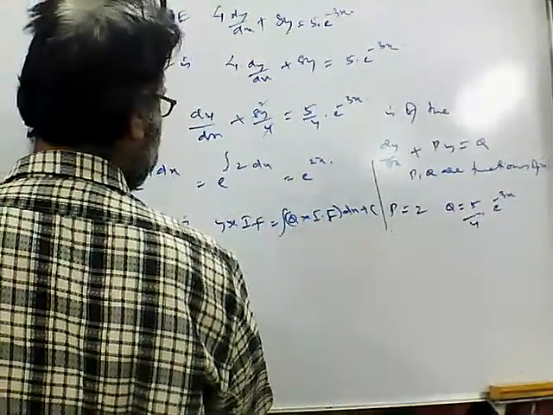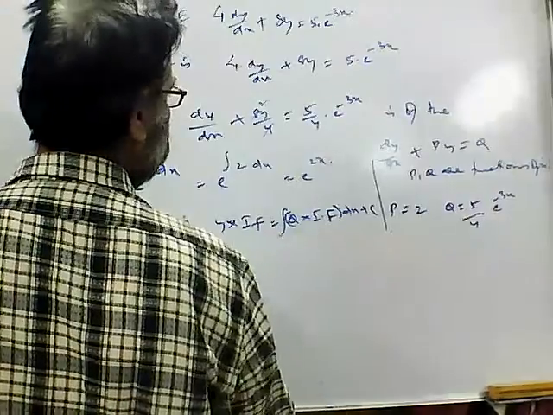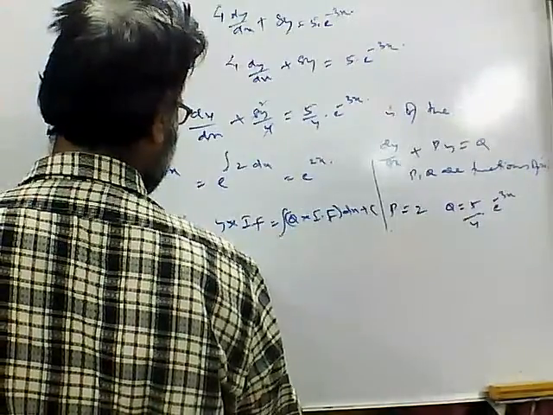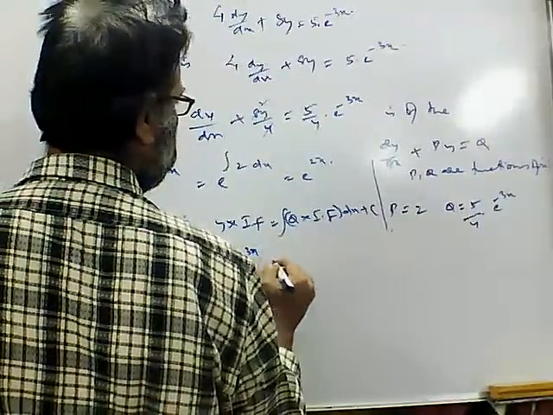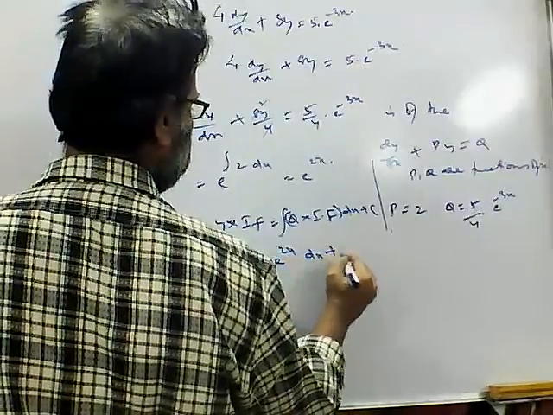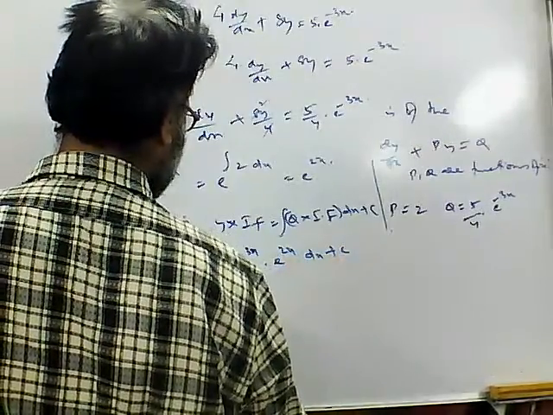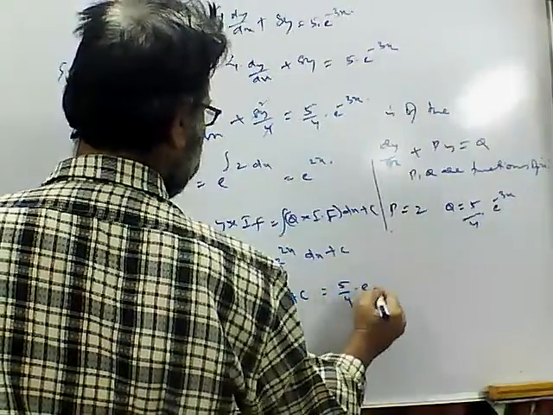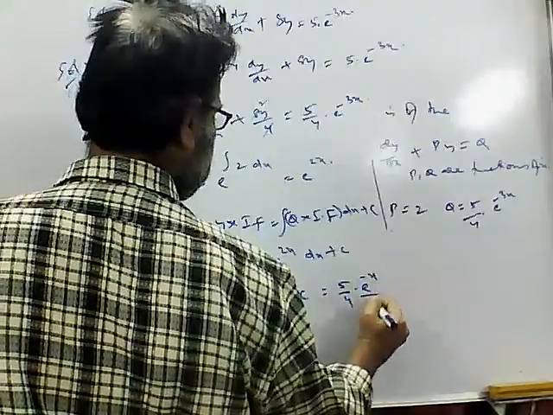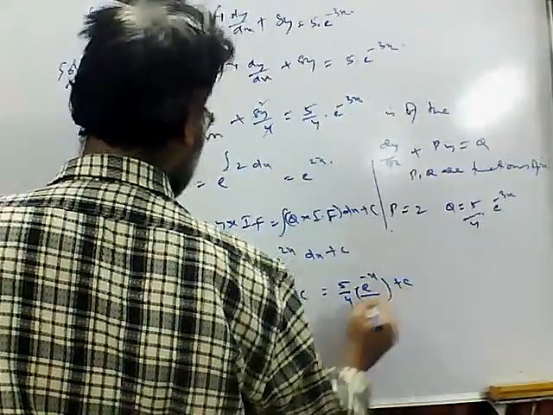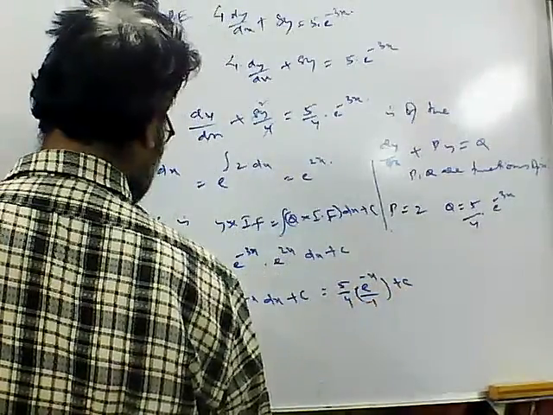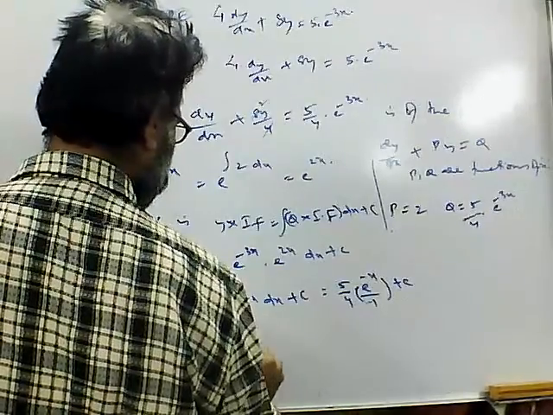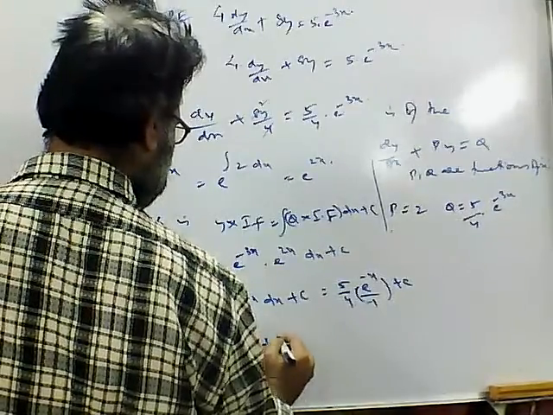Therefore, y into e^(2x) is equal to integral of 5/4 e^(-3x) into e^(2x) dx plus c, which is 5/4 into e^(-x) dx, equal to 5/4 into e^(-x)/(-1). Therefore, y into e^(2x) is equal to -5/4 e^(-x) plus c, which is the required general solution.